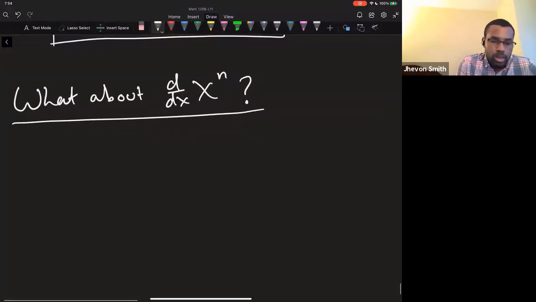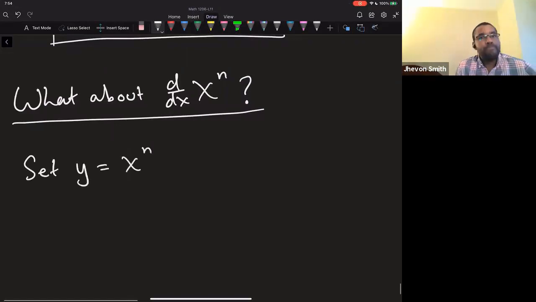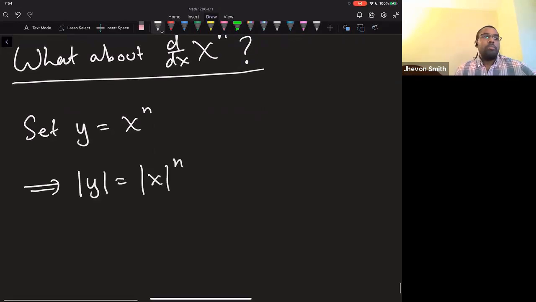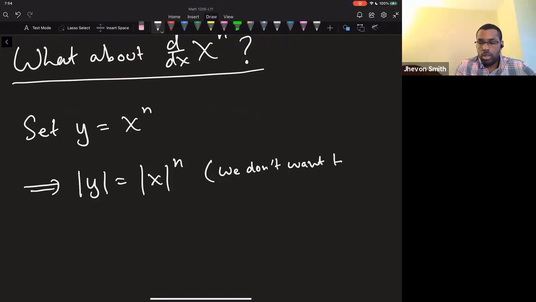So we're going to do something very similar. Set y equals x to the n. This implies if I take the absolute value of y, I would get the absolute value of x to the n. And this is because we don't want to have to worry about whether x is negative or not.